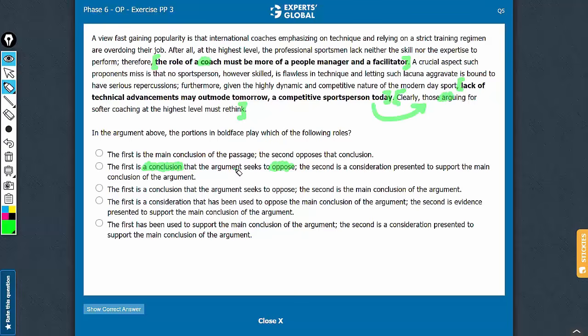So this part is perfectly all right. Then the second is a consideration. Yes, this is a consideration, a prediction which can be called a consideration, presented to support the main conclusion of the argument, which has been stated in the last sentence of the paragraph. B is the correct answer choice.